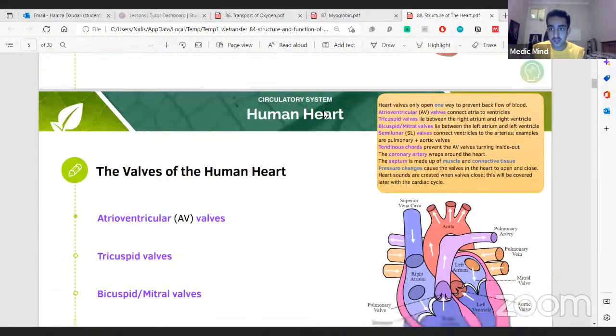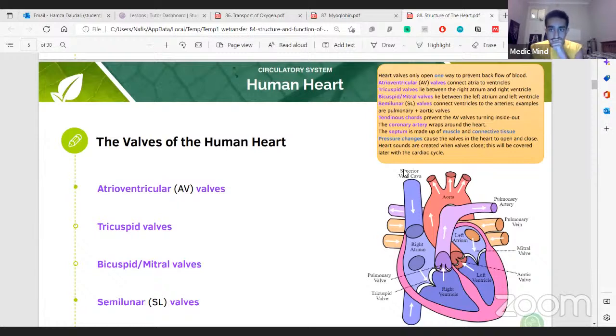And atrioventricular valves are semilunar valves, which means that they look kind of like a crescent moon. And basically, they're joined by chordae tendineae, so there are tendinous cords that attach those valve flaps to the walls of the ventricle.